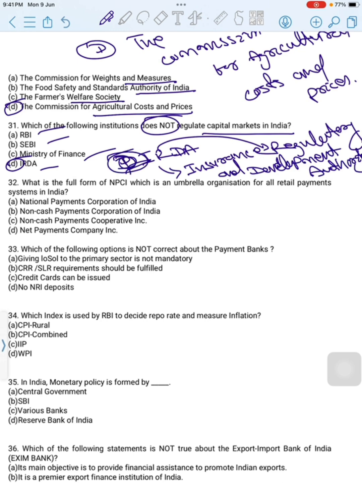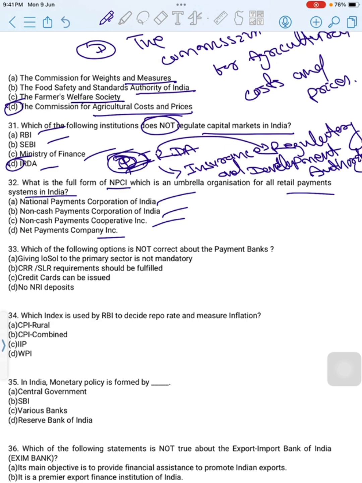What is the full form of NPCI, which is an umbrella organization for all retail payment systems in India? First option is National Payments Corporation of India. Second option is Non-Cash Payment Corporation of India. Third option is Non-Cash Payment Cooperative of India. Last option is Net Payment Company of India.